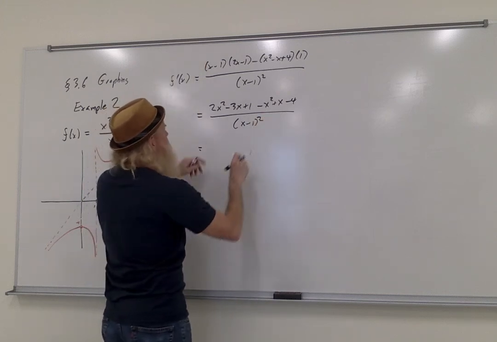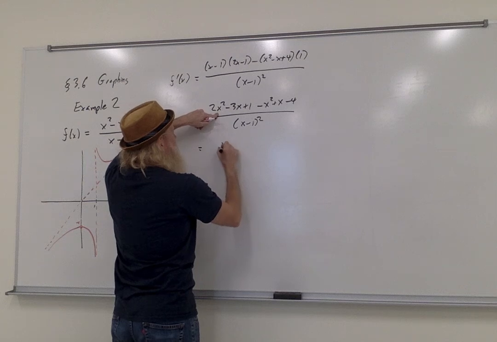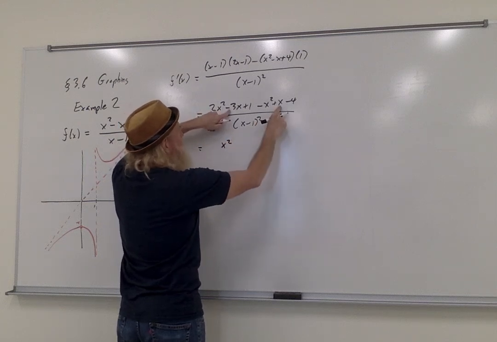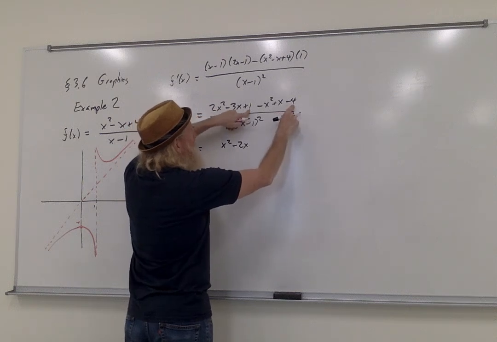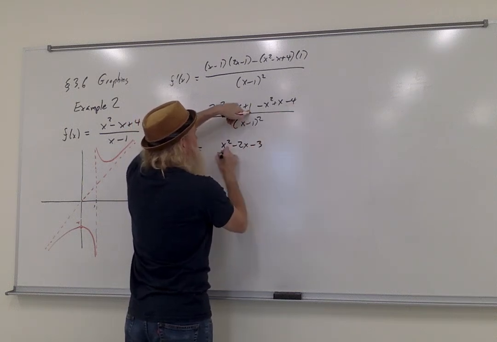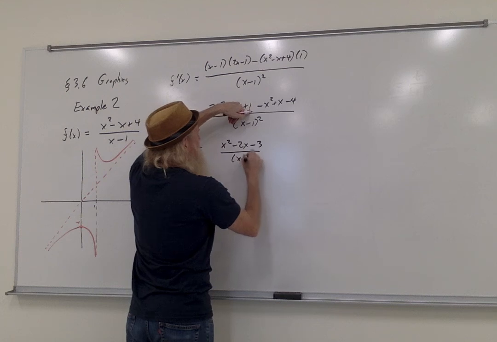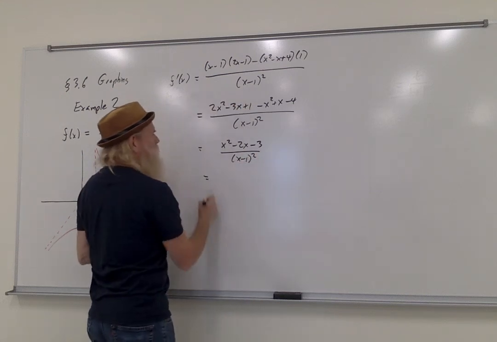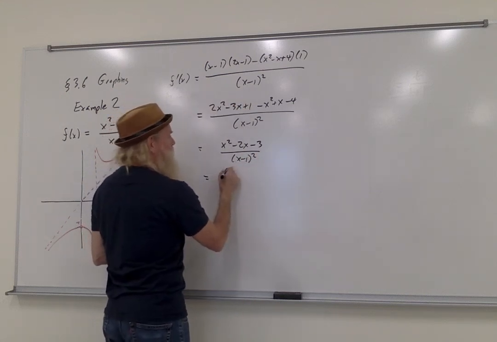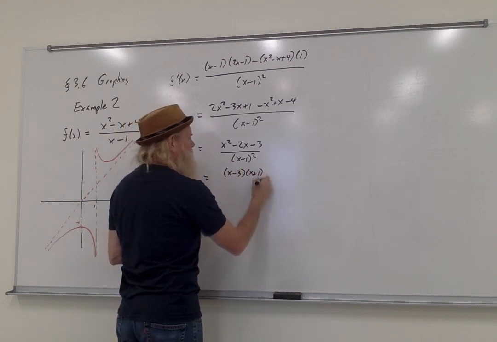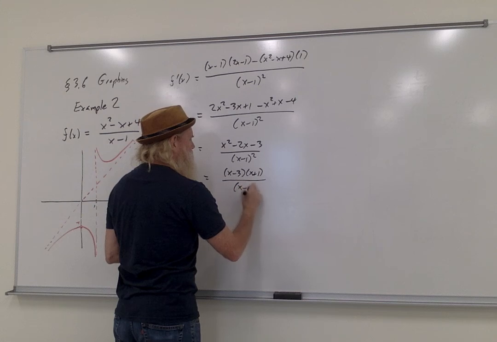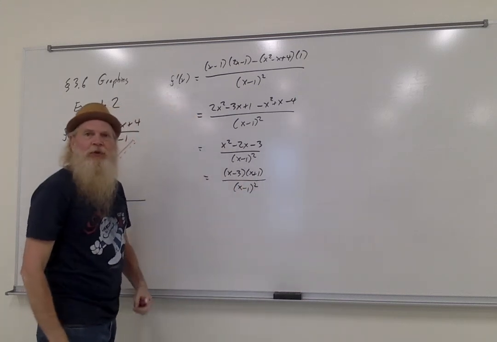Combining like terms, 2x squared minus x squared is x squared, minus 3x plus x is minus 2x, and 1 minus 4 is minus 3. That numerator actually factors as x minus 3 times x plus 1. So that's my first derivative.